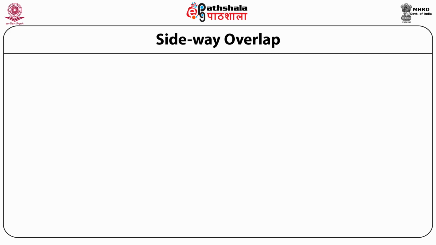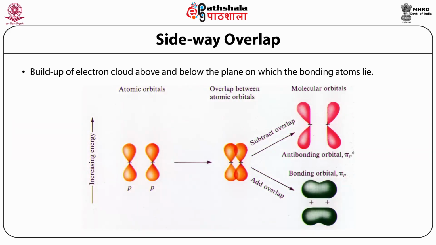Now if these p orbitals have the sideway overlap, that is the buildup of electron cloud above and below the plane on which the bonding atoms lie, that is overlap between the atomic orbitals.